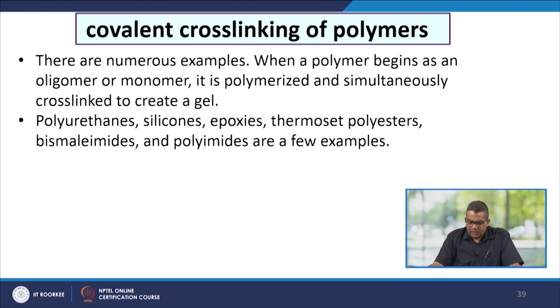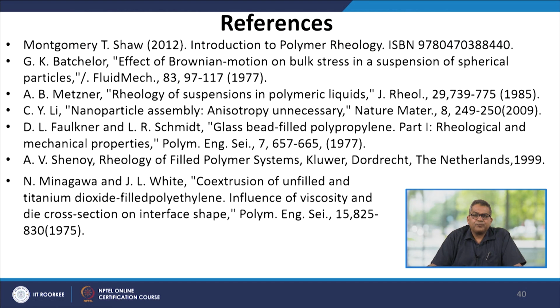Now, there are numerous examples where a polymer begins as an oligomer or a monomer, and it is polymerized and simultaneously cross-linked to create a gel. Polyurethanes, silicones, epoxies, thermoset polymers, bismaleimides, and polyimides are a couple of examples.